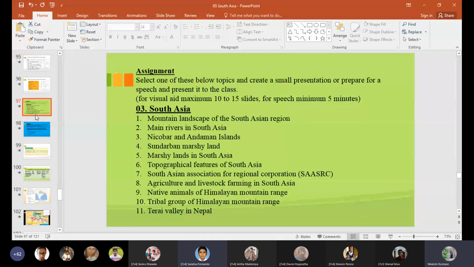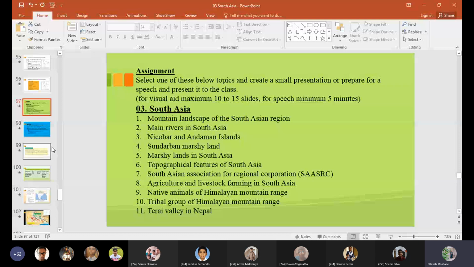Okay. I'll send all the topics and the assignment details to your WhatsApp group. So copy it from there, select one topic and do a small presentation. For the visual aids, the maximum is 10 to 15 slides.